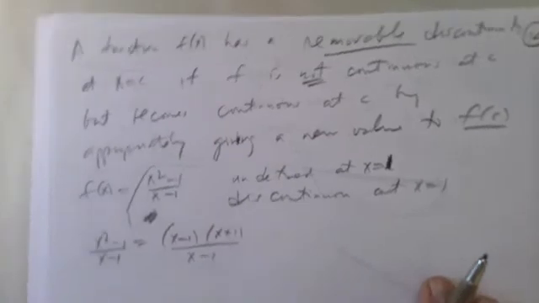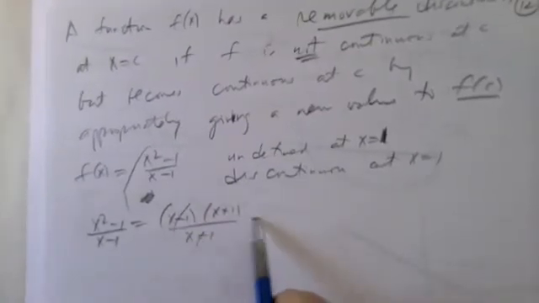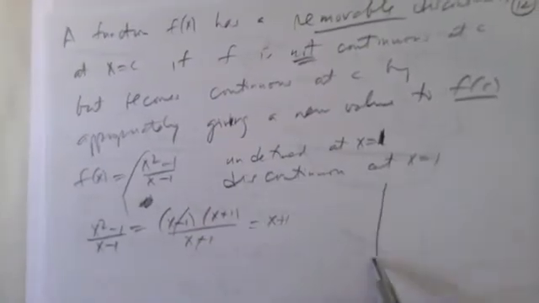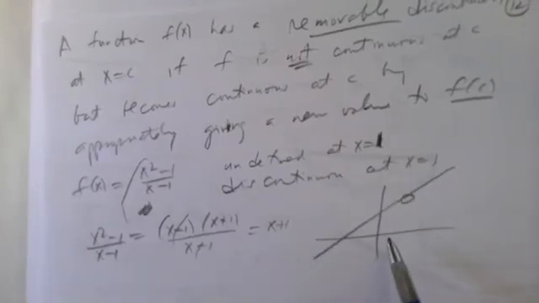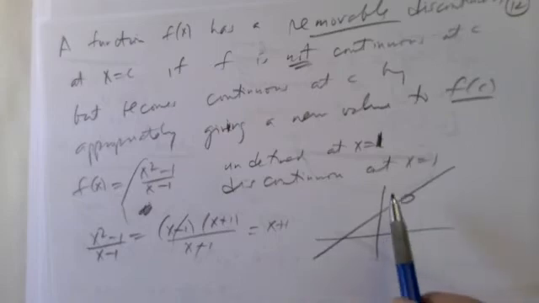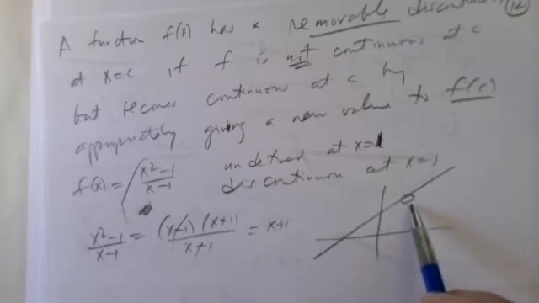But x squared minus 1 is (x minus 1)(x plus 1). So x squared minus 1 divided by x minus 1 is x plus 1. So the graph of this function looks like this.